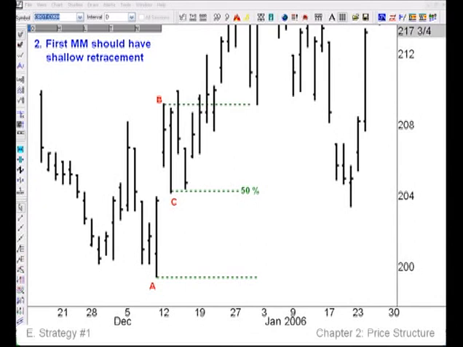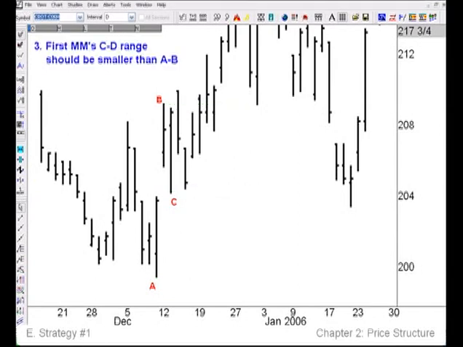A shallow retracement at pivot point C indicates a strong move in the making. The third rule says that the first measured move's CD range should be smaller than the AB range. There's point D. So in this case, CD is less than AB.